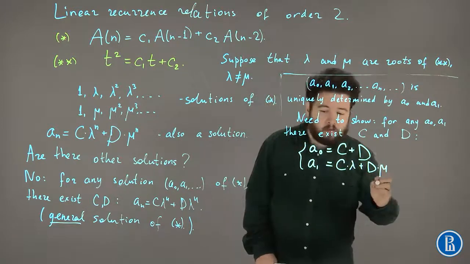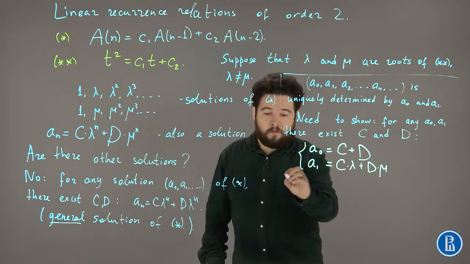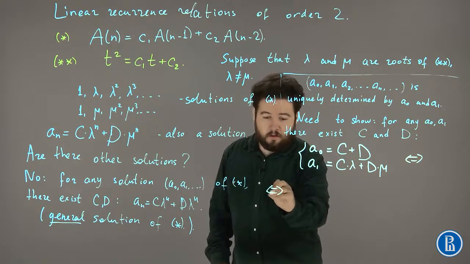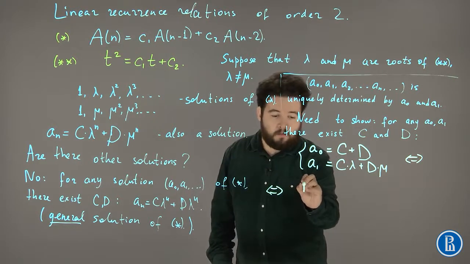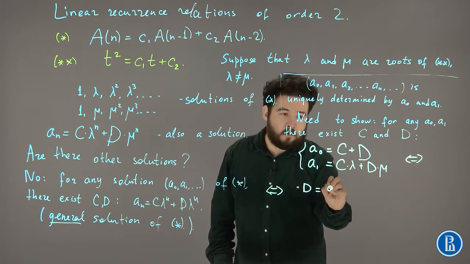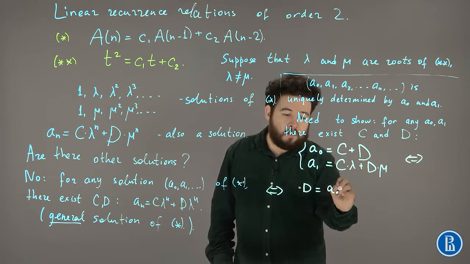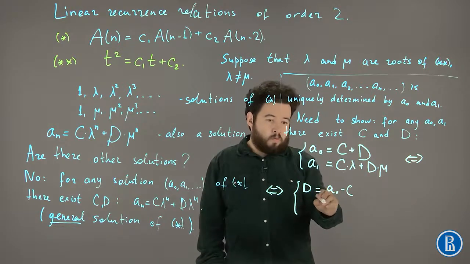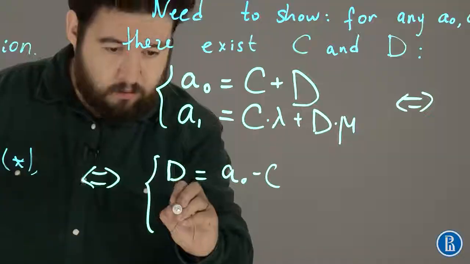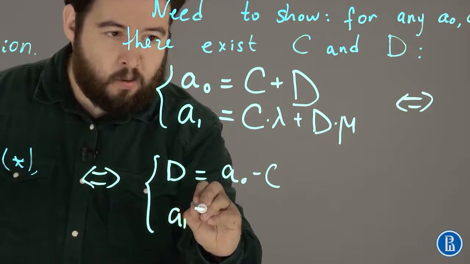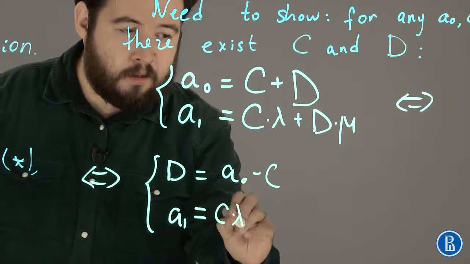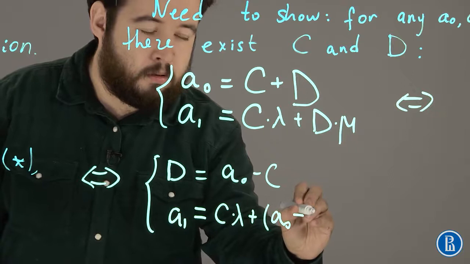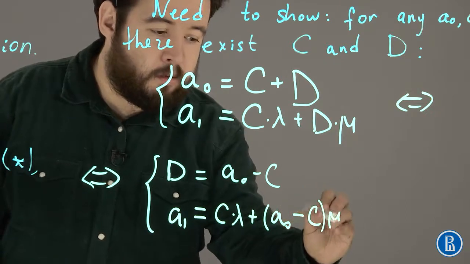Well, let us solve it. From the first equation, D can be expressed as a0 minus C, and we use this value of D to say that a1 is equal to C times lambda plus a0 minus C times mu.